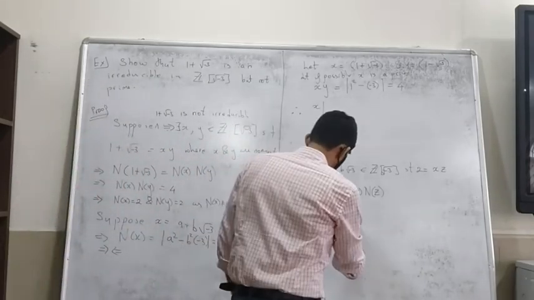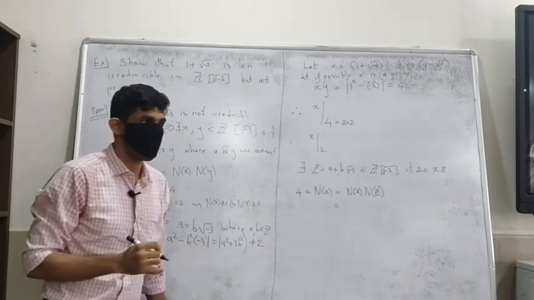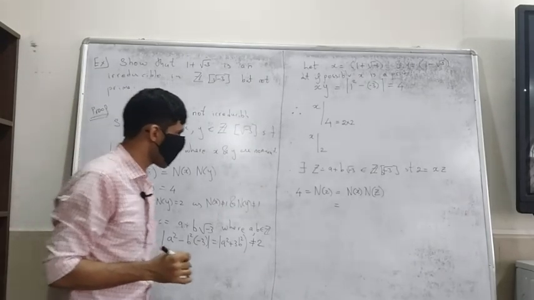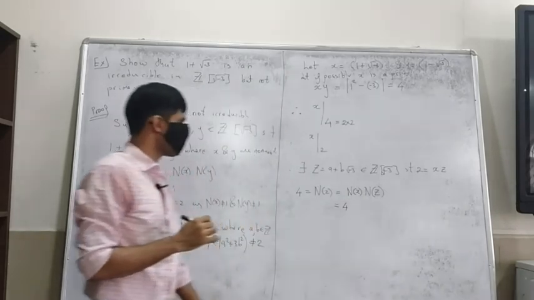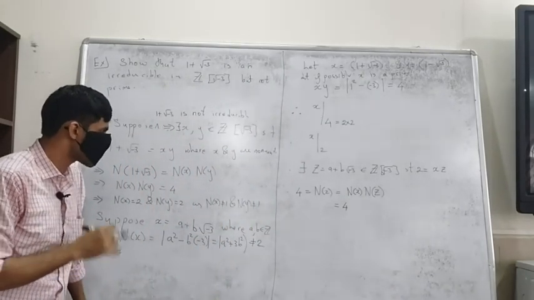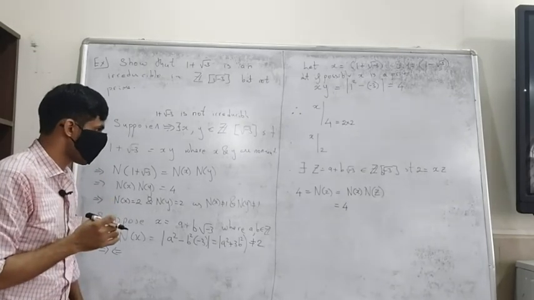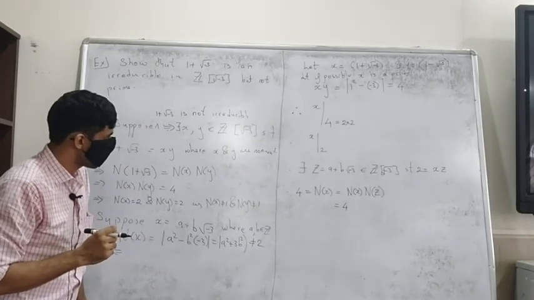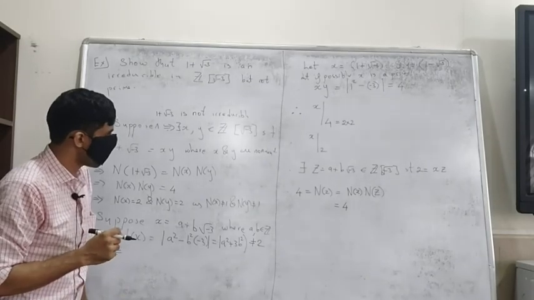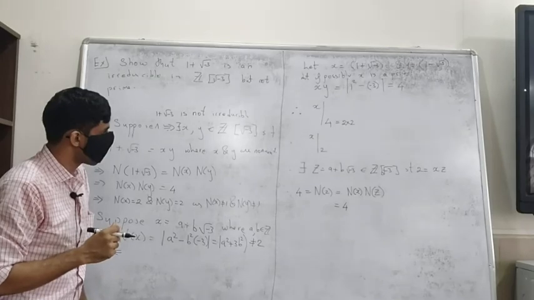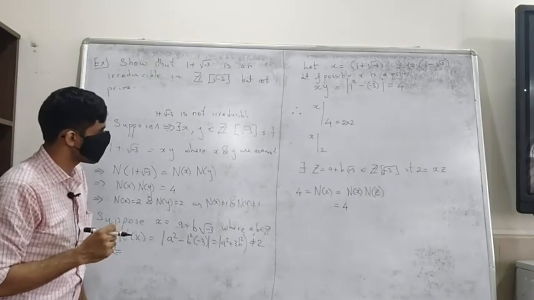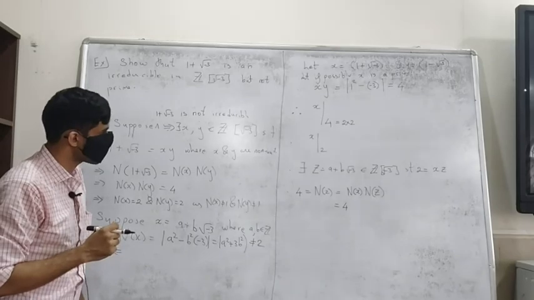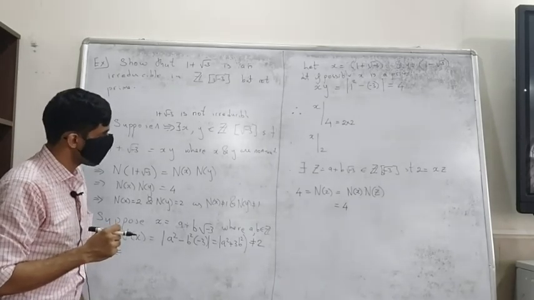Okay, what is N of x? 4, and N of z, that's the... Plus 3b squared is 1, so that will mean that a is either plus or minus 1.